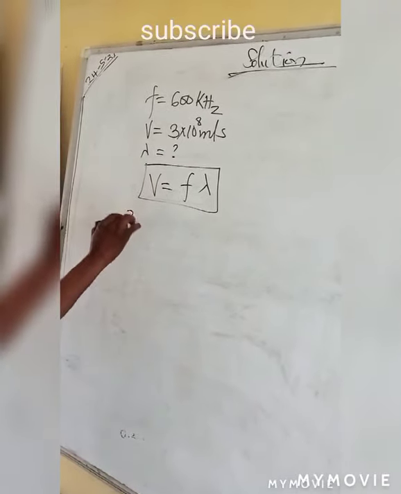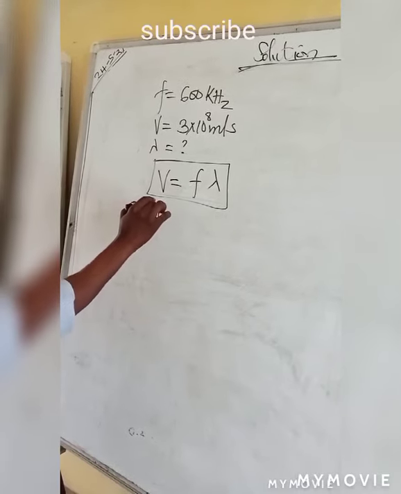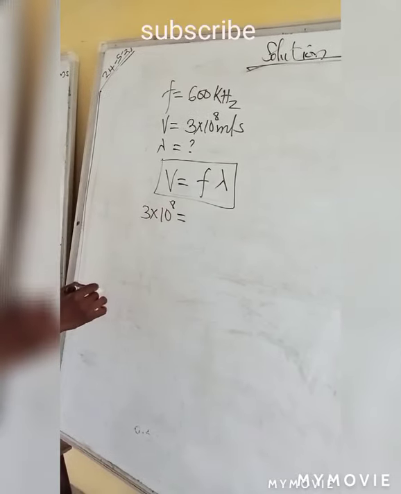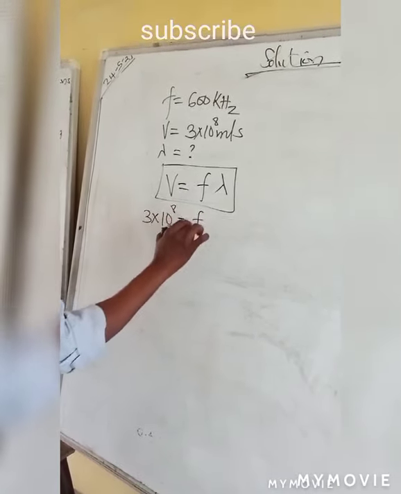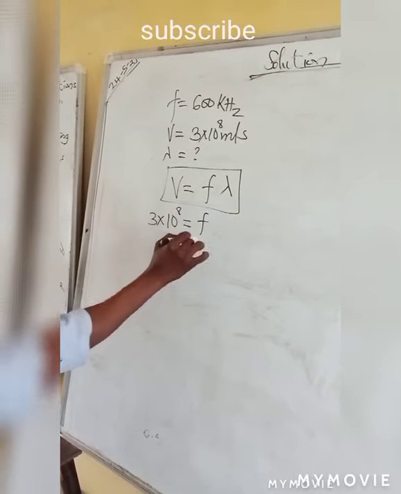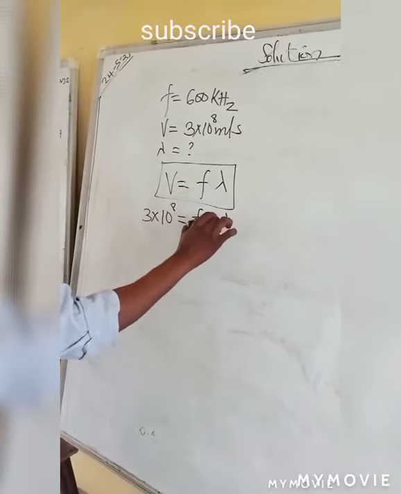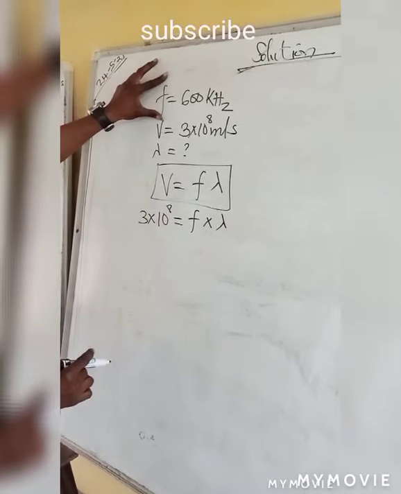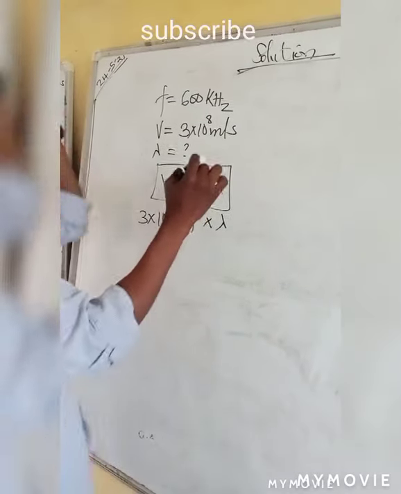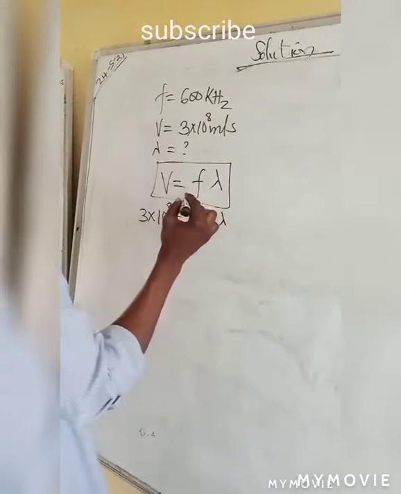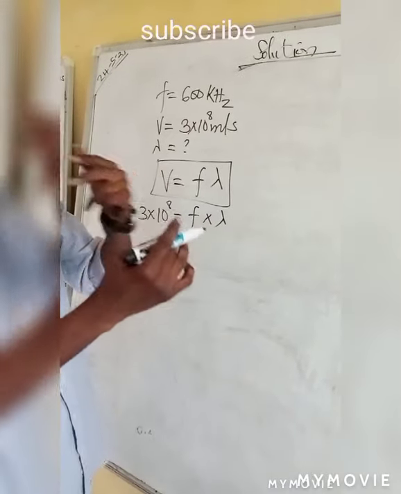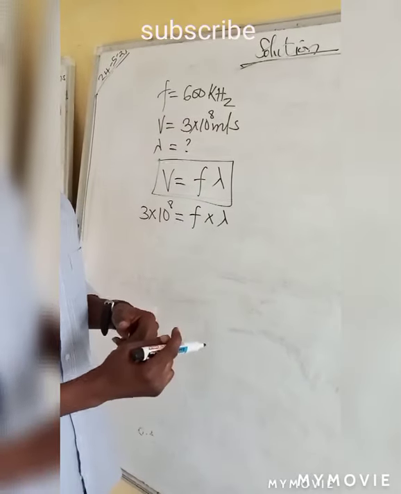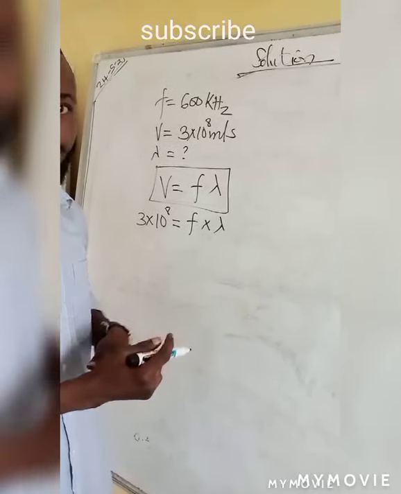It's going to be 3 multiplied by 10 raised to power 8 equals frequency times wavelength. But we should look at the frequency here. The frequency is given in kilohertz. In our previous page, where we talked about the terms in wave, we said frequency is measured in hertz, not kilohertz.